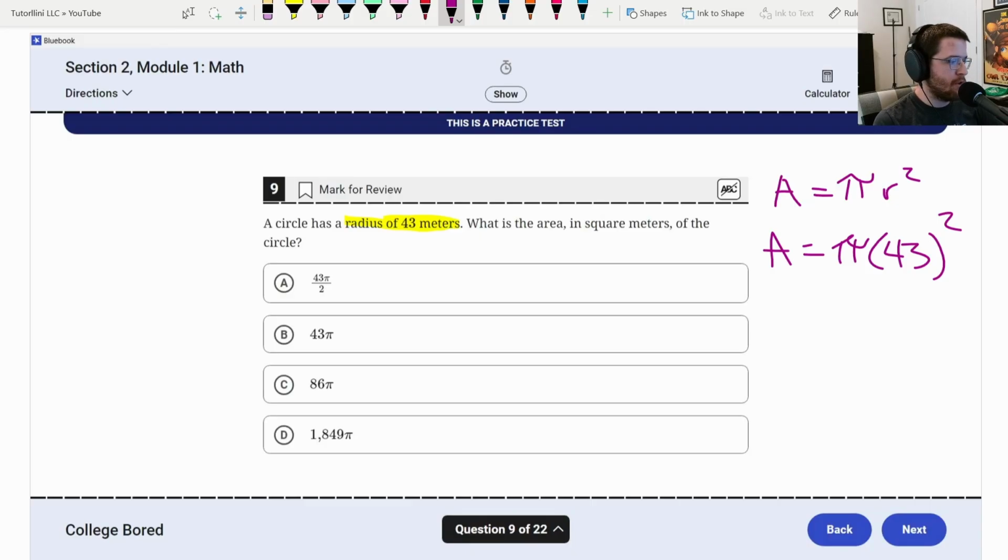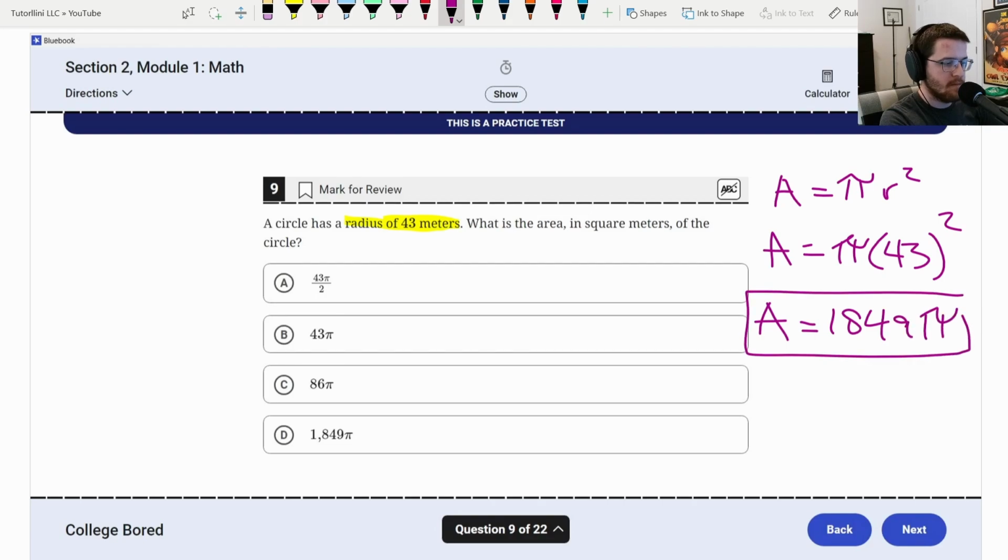Either way, 43 squared is 1849. So you get 1849 pi, and that is the answer. Definitely get in the habit of finding area and things like that exactly in terms of pi, because the SAT has you do that a lot. Great.